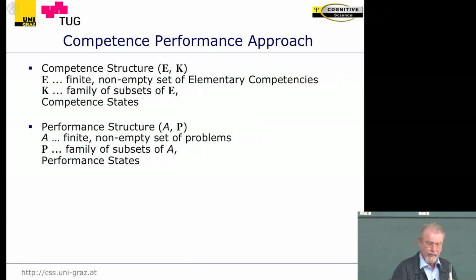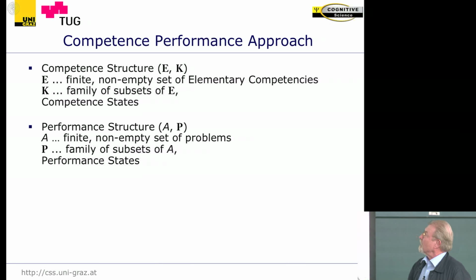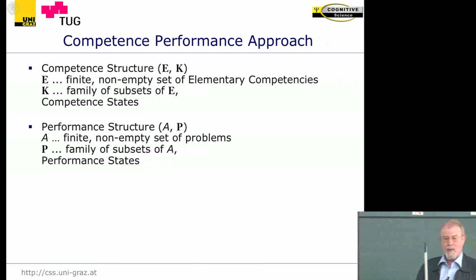So we have two sets and two structures. We have the set of elementary competencies and a structure on this, which is the competence structure. And again, we have the competence states.